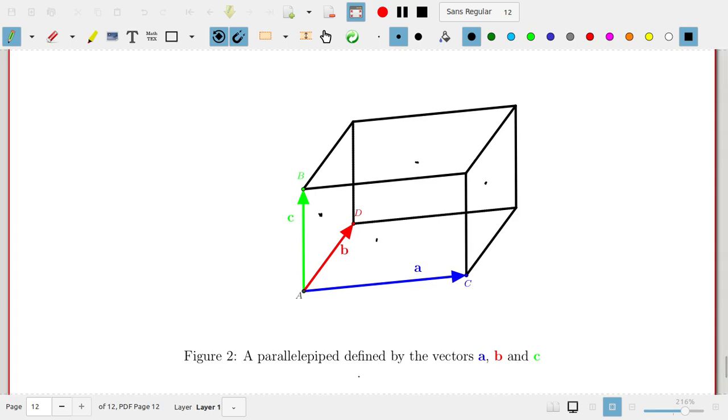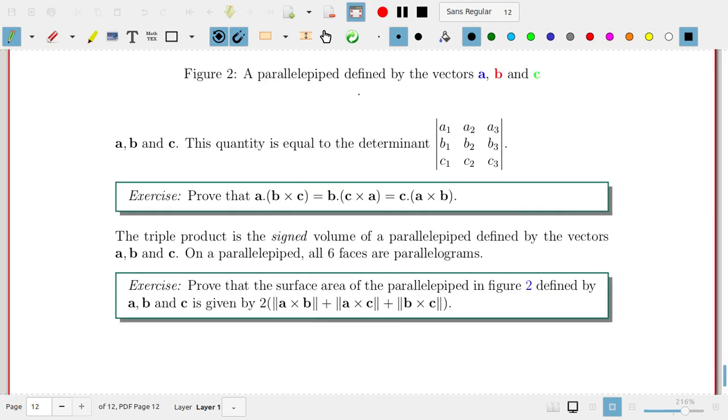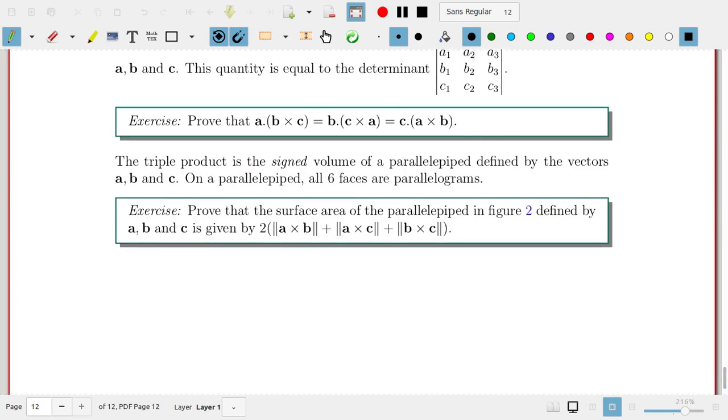So this determinant gives you the volume of the parallelepiped with a sign, meaning you'll get the volume and you'll get a sign along with it. So if you take the modulus of this determinant, you get the volume of the parallelepiped.